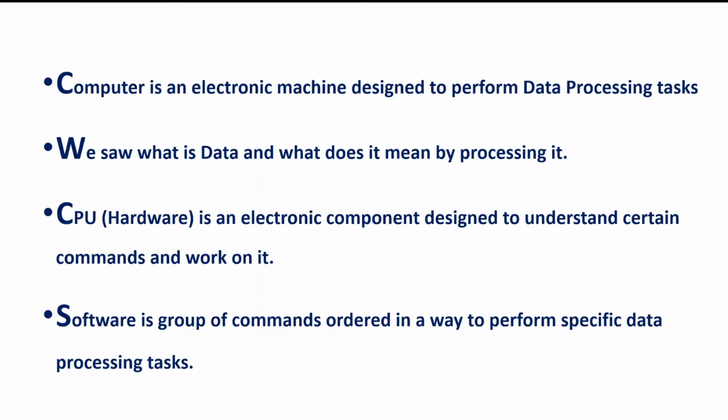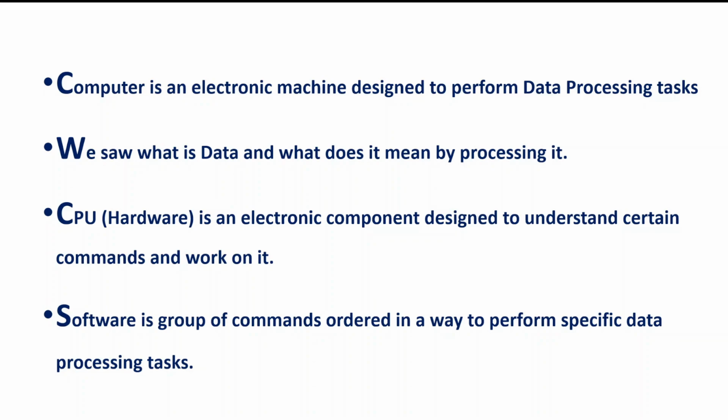We have come to the end of the video. Let us summarize what we have learned so far. A computer is an electronic device designed to do data processing tasks. We know now what data is and what it means to process data. The CPU is designed to understand a list of commands.